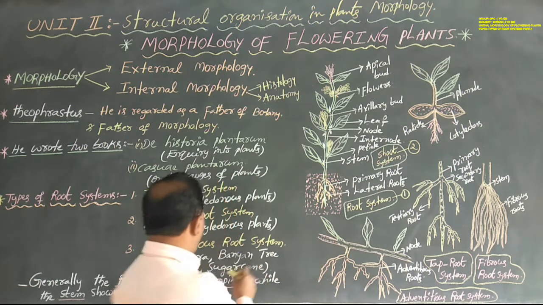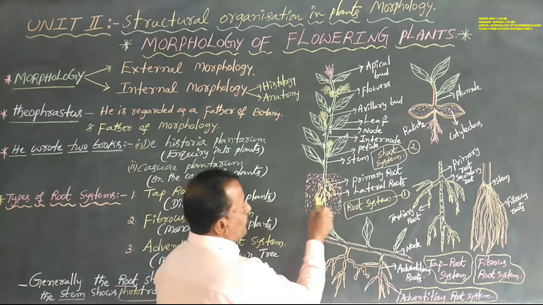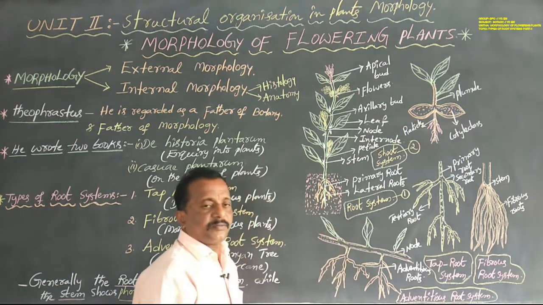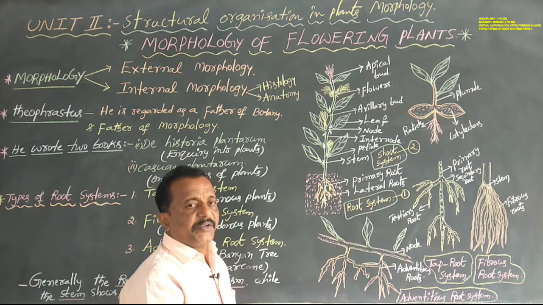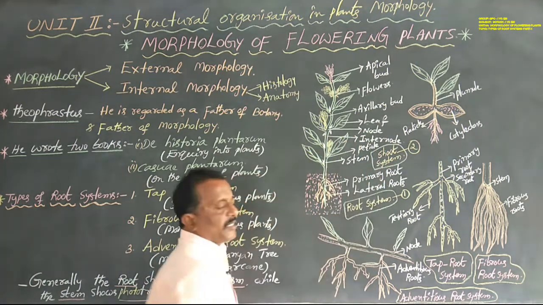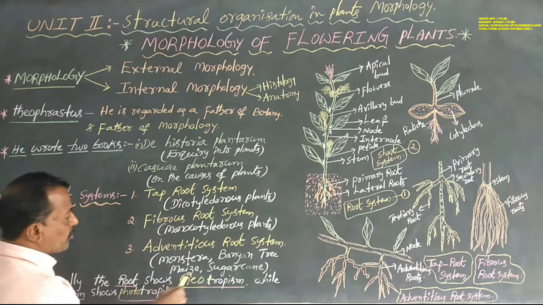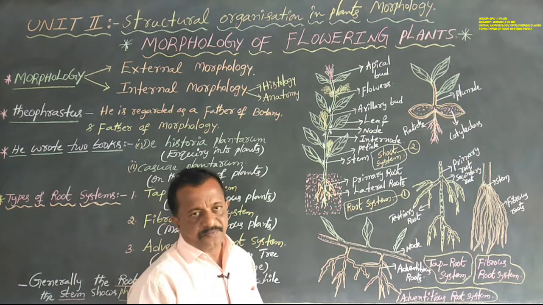That is called phototropism. That means the root system grows toward gravity force and the shoot system grows toward sunlight.